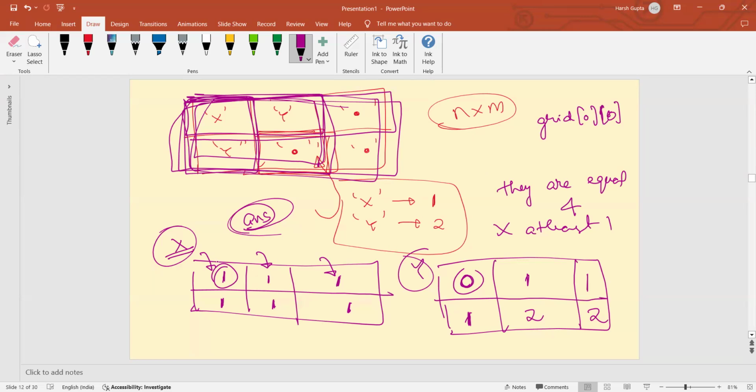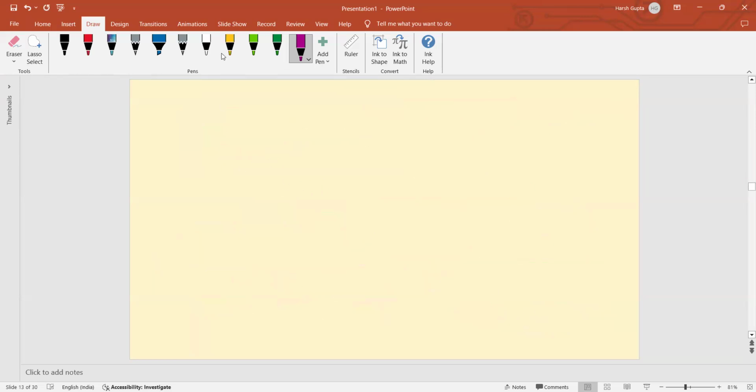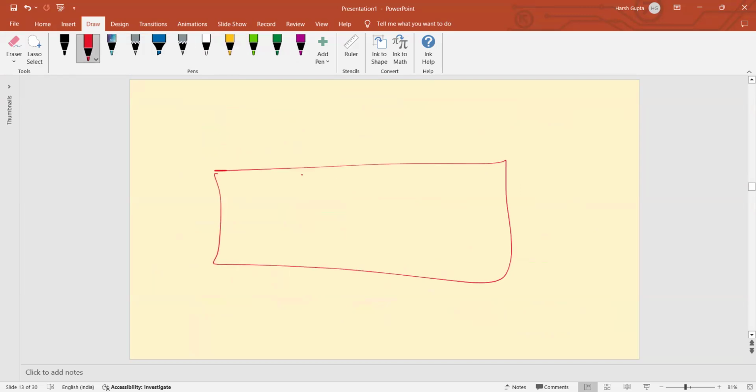So now our aim is to construct this prefix sum. How can we do that? Let's suppose we are at a particular block, and we want to calculate the number of X that are present in this particular block.